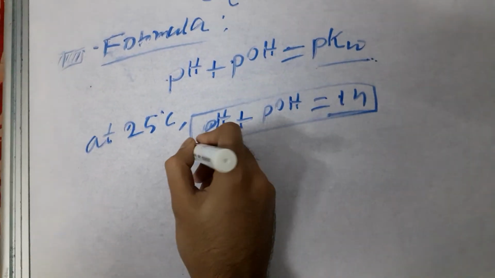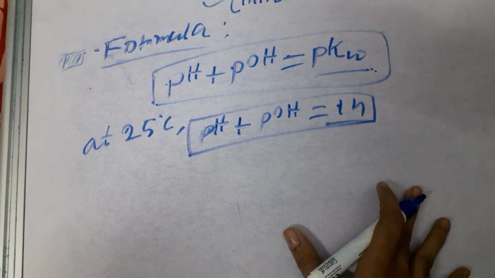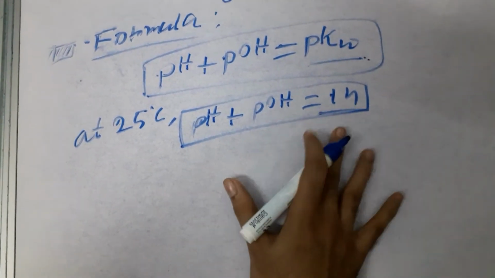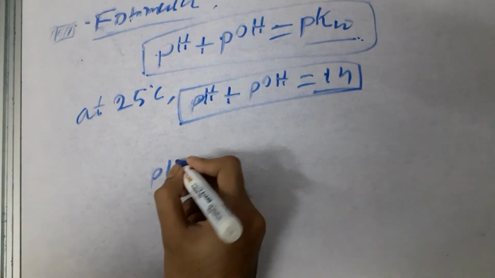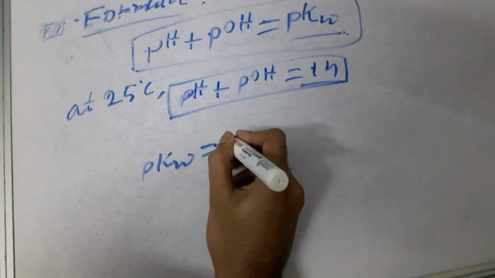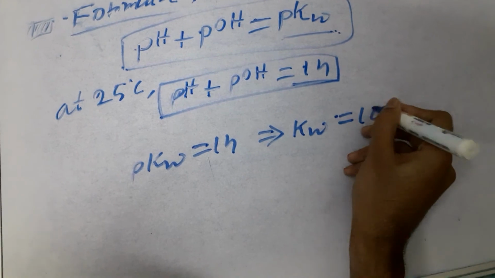This is the basic formula, and you can easily understand that pKw equals 14 means Kw equals 10 to the minus 14.